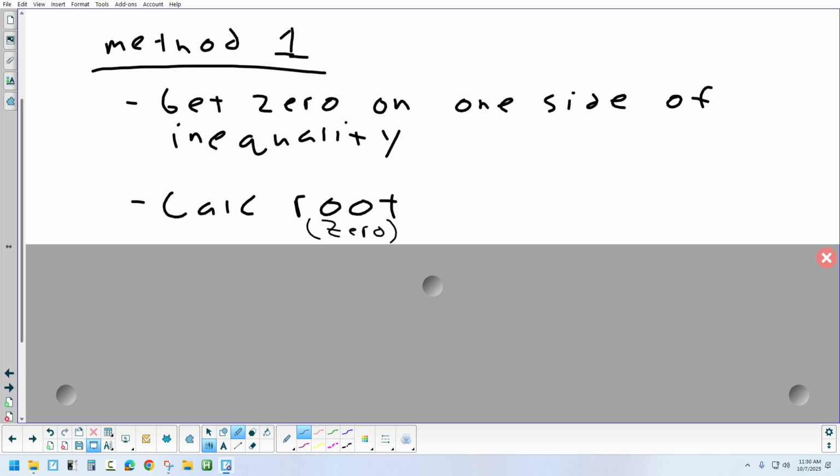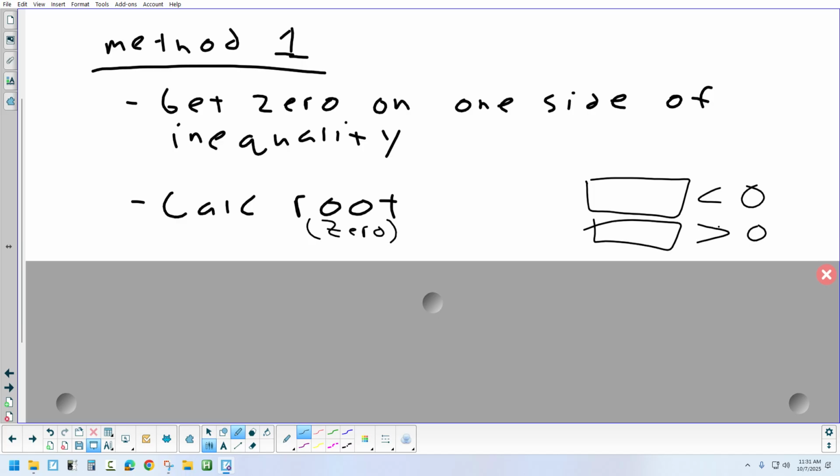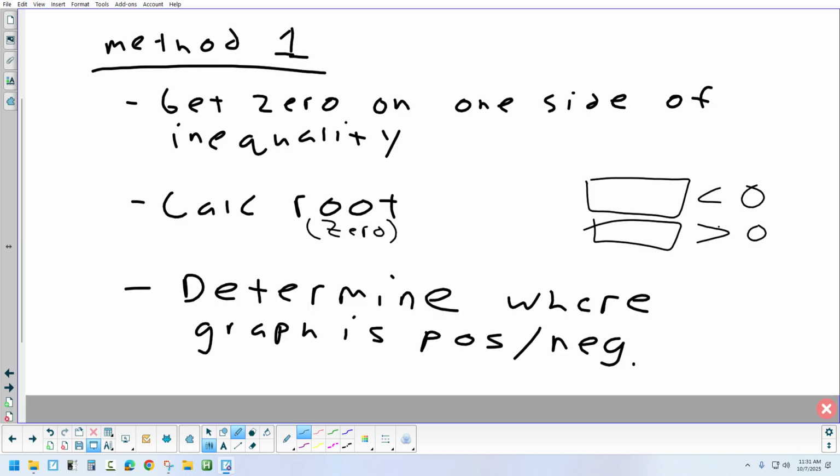Now, once you get 0 on one side, the original problem was either less than 0, or greater than 0. Or you could have it equal to. But it's going to be one of those situations. So once you know where your root is, you have to look at what the original question was.